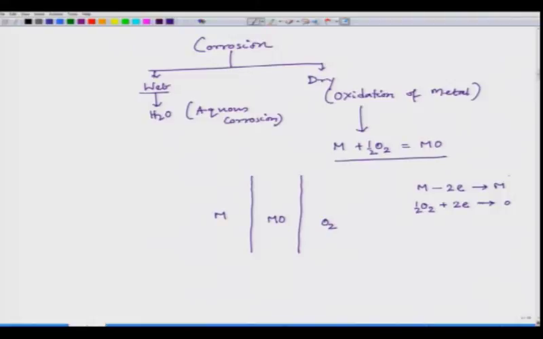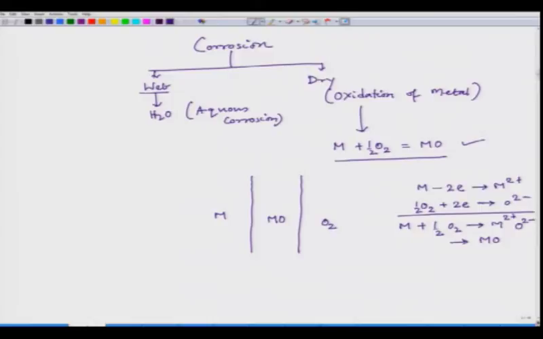Since we have this notation 2+ and 2-, if they combine, you see M plus half O2 equals M2+ O2-. This is nothing but MO, which is the same as this reaction.